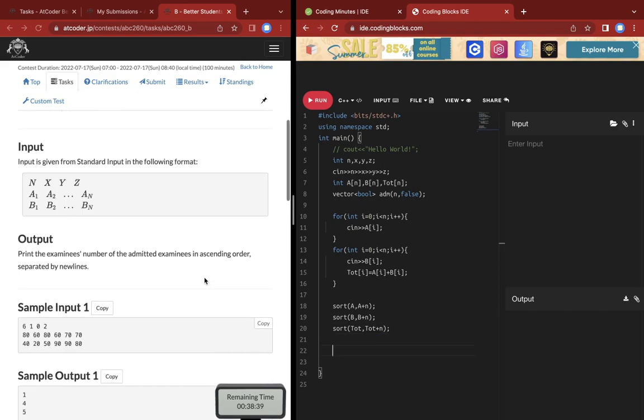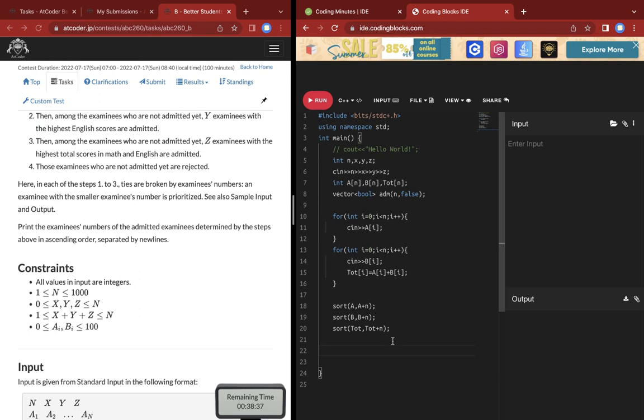So first we'll take the first X from A_i, but we forgot to store their index.